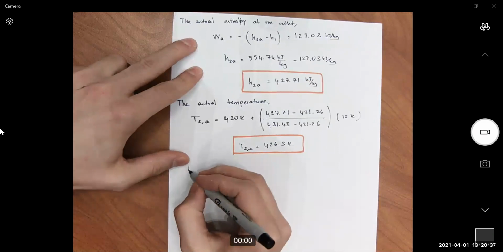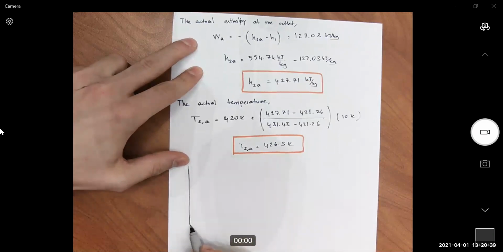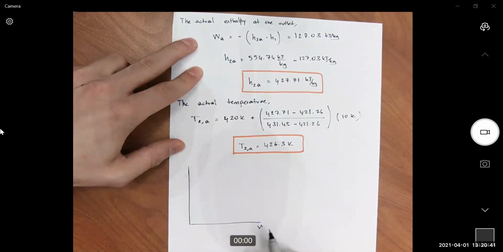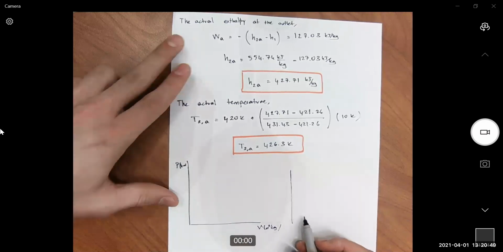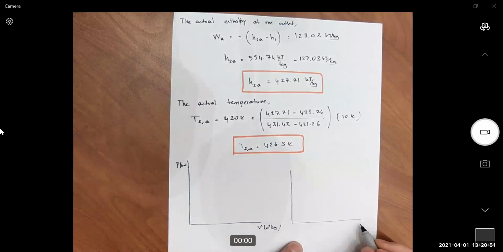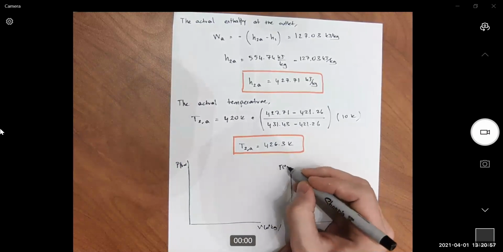Okay. For part C, the last part, we are asked to sketch a PV diagram, in meters cubed per kilogram, and a TS diagram, with entropy per kilogram Kelvin, and temperature.